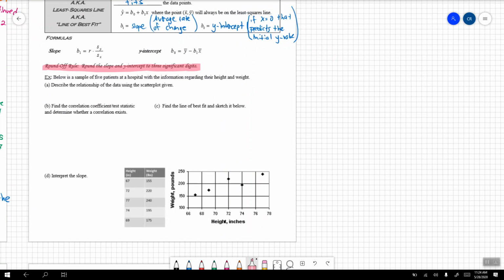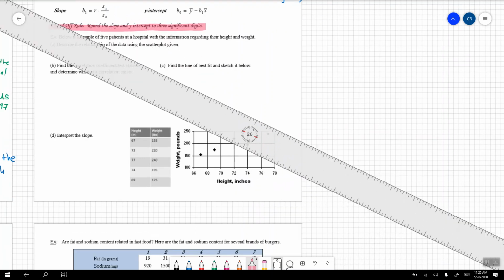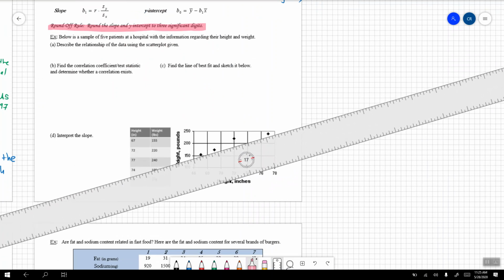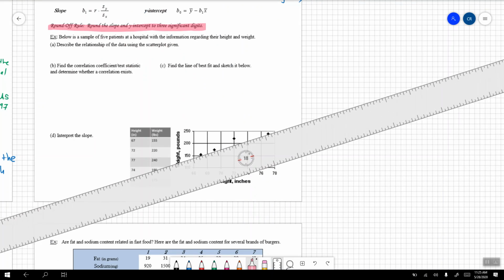Now all we need to do is just describe this, using all of the relationship terminologies that we developed in the previous section. So what type of correlation does this have, or does it appear to have? Does there appear to be a linear correlation? Yeah, it looks like there appears to be some sort of linear correlation happening here.